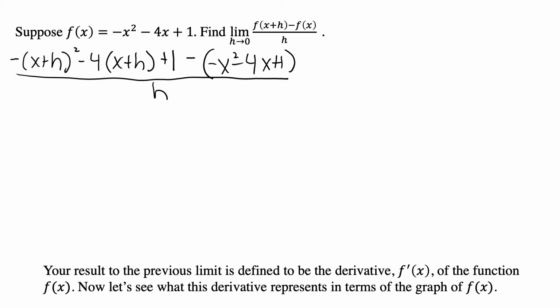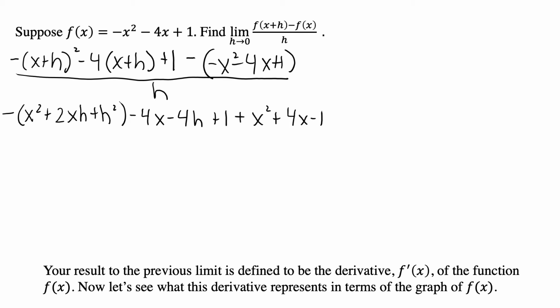To start simplifying, let's start by squaring that first term, so negative on the outside. X plus h squared becomes x squared plus 2xh plus h squared. Then let's distribute our negative 4, so we get minus 4x minus 4h plus 1, and distributing our negative, we get plus x squared plus 4x minus 1, again, all over h.